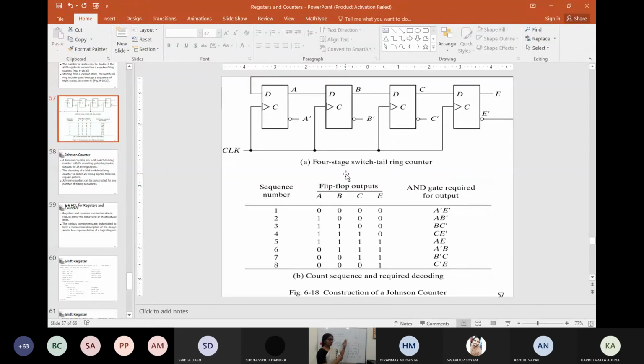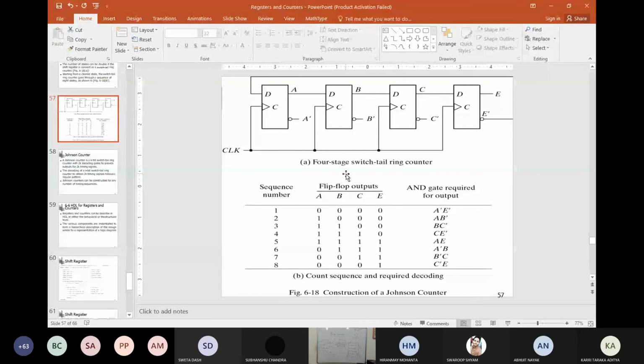Check out, this also gives 4 sequences. After passing through the decoder, you will get a sequence 1, 2, 3, 4. Here also a 2-bit counter. This is his proposition: use a counter, pass it through a decoder and generate sequences.